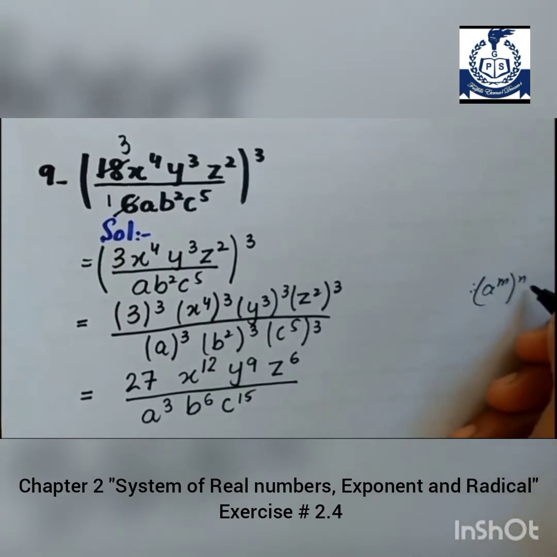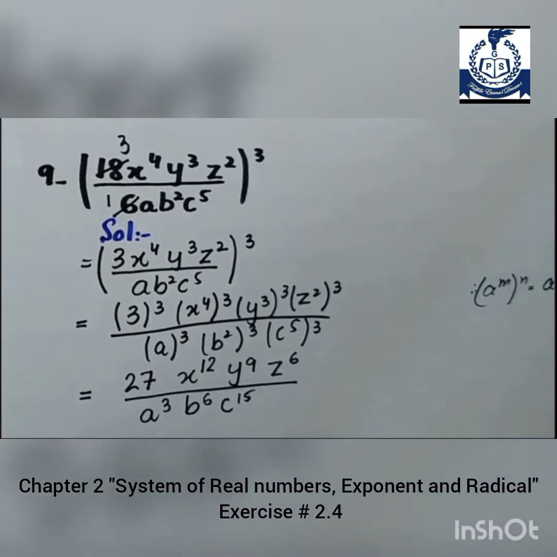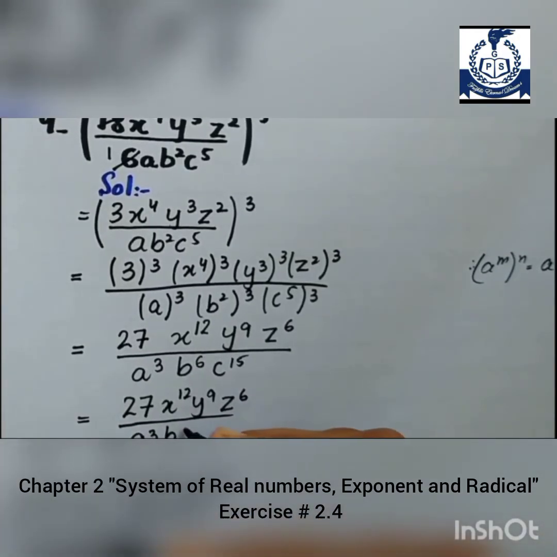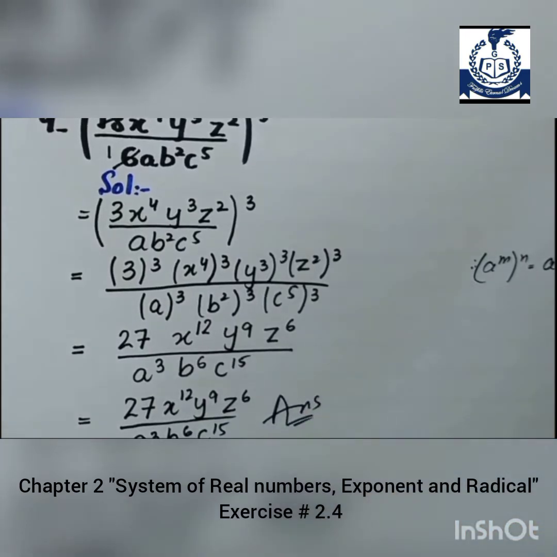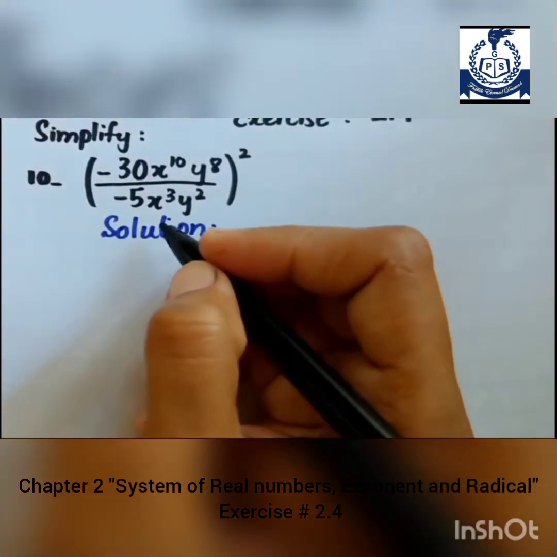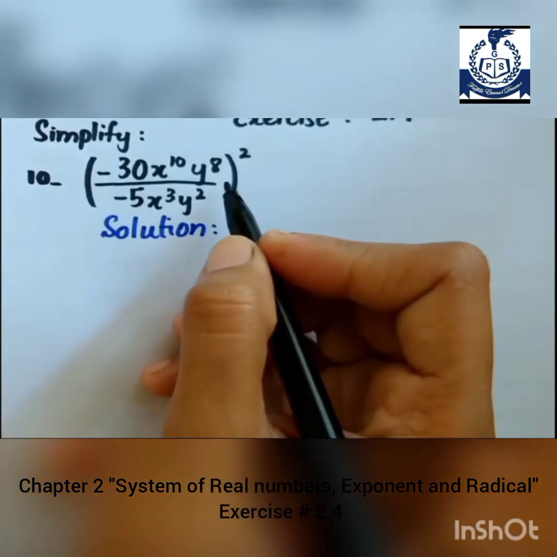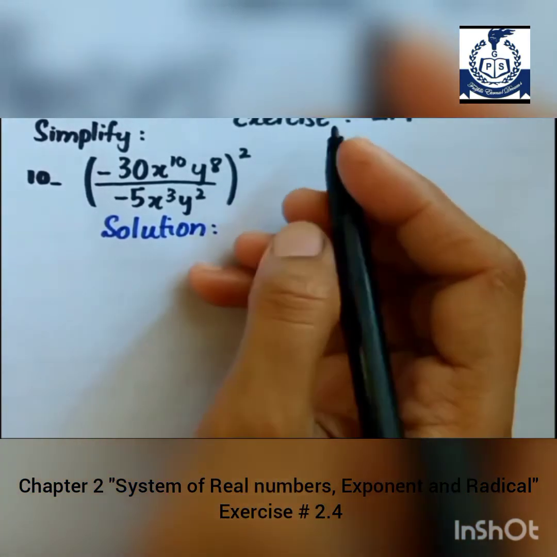We apply this formula A M multiplied by N, power is being multiplied, so we multiply the power. 27 x has power 12, y has power 9, z has power 6 divided by a cube, b has power 6, c has power 15. This is the answer.